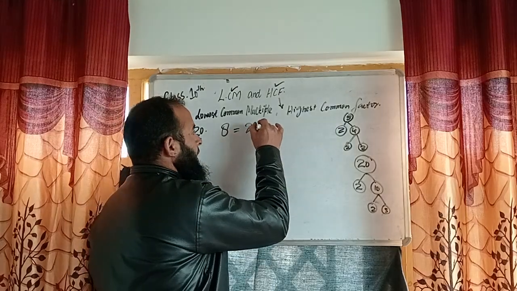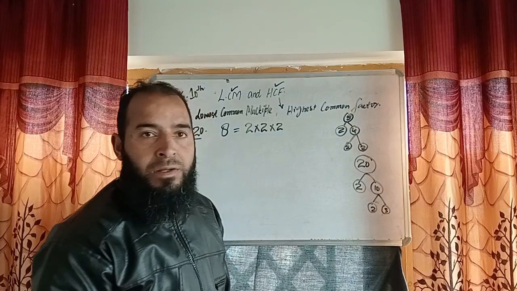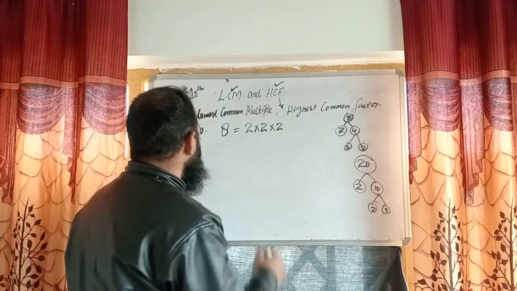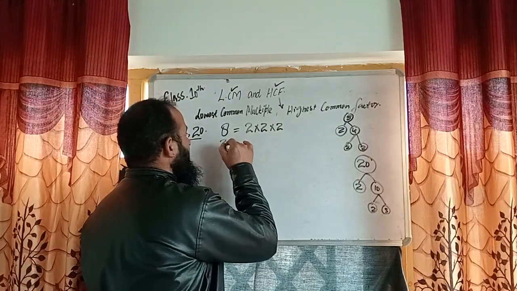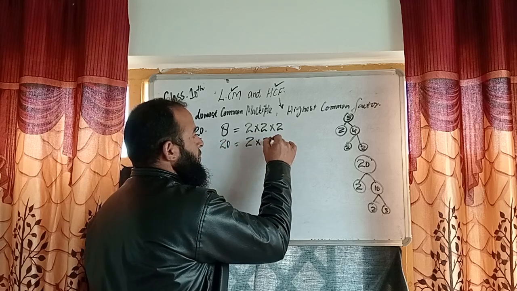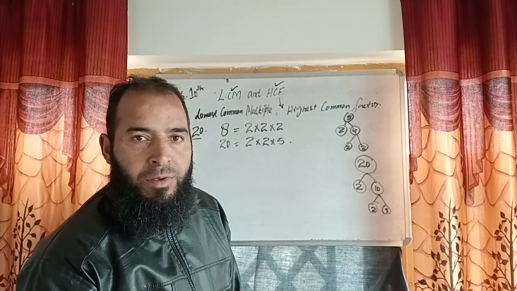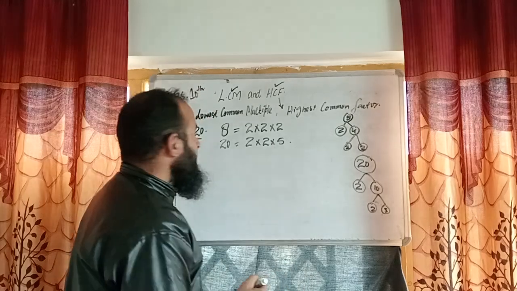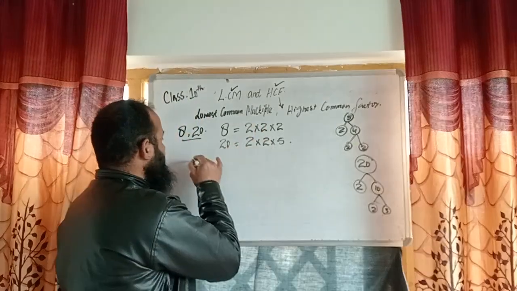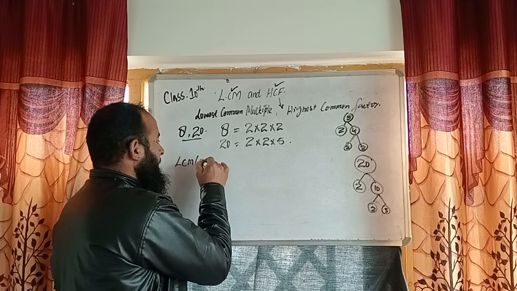So 8 can be written as 2 cross 2 cross 2, and 20 can be written as 2 cross 2 cross 5. Now let's try to find the LCM of 8 and 20.